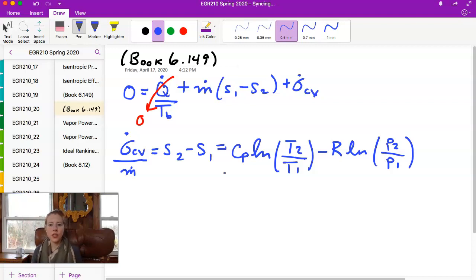So now we just need to plug in our temperatures. We have our two pressures. We know R, we know CP. We are almost there.